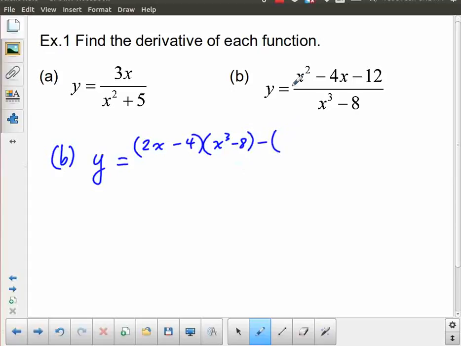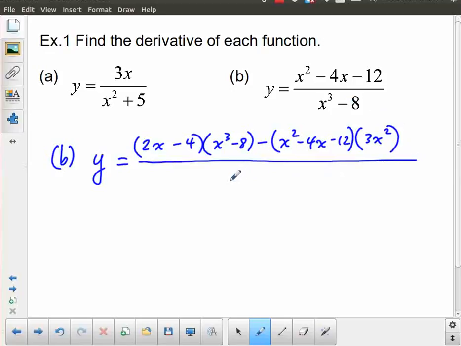Minus the numerator, which is x squared minus 4x minus 12, times the derivative of the denominator, which is 3x squared, and the derivative of negative 8 is 0, so we just write that as is, all divided by x cubed minus 8, all squared.